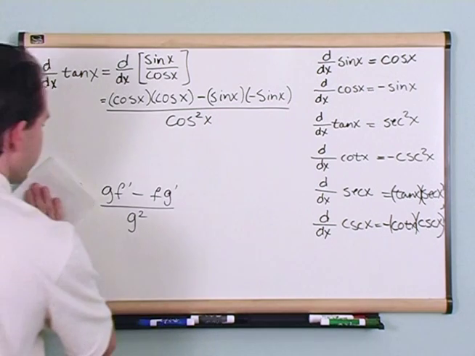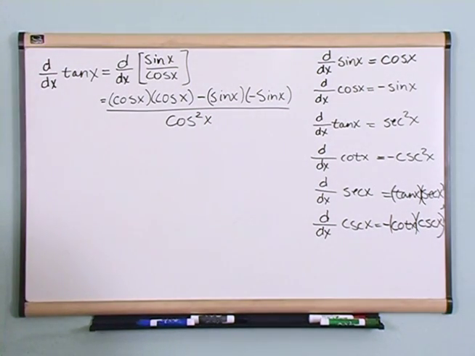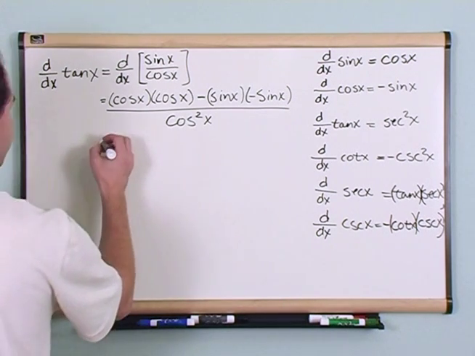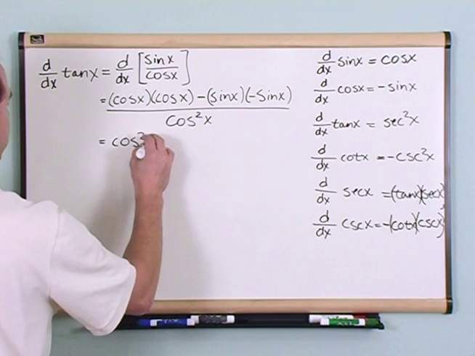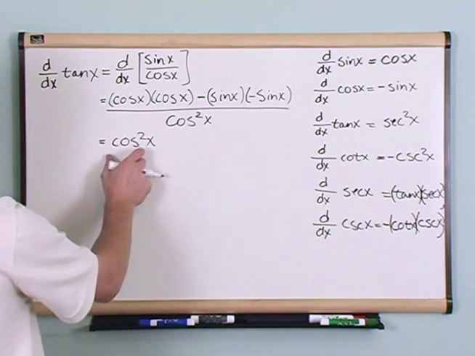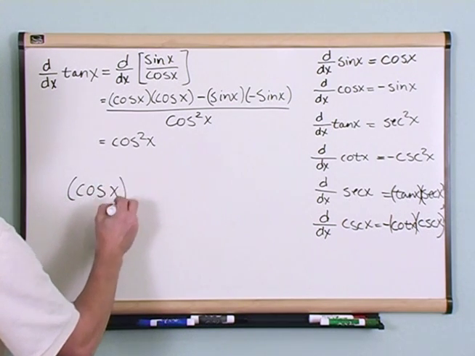Excellent. Now I'm going to get rid of this. We don't need this anymore. We've used that formula. Now all we have to do is simplify this. Cosine times cosine is simply cosine squared of x. This is the same way of writing cosine of x squared.